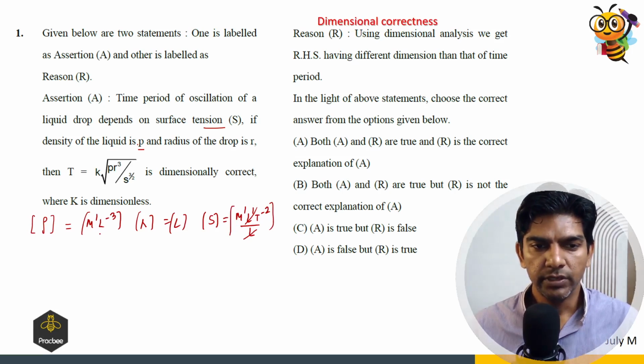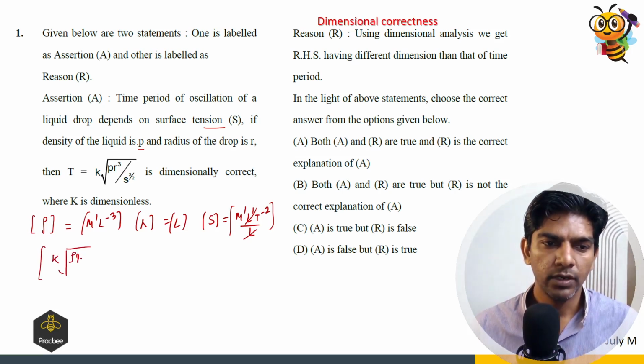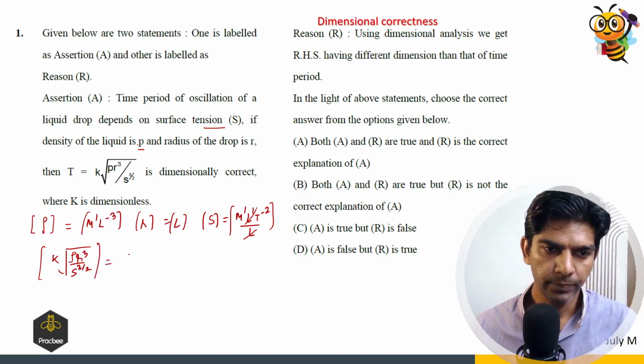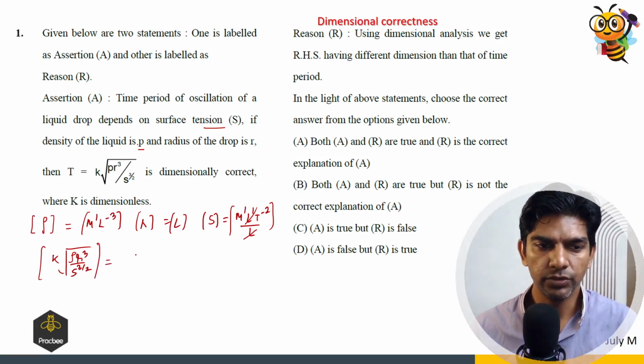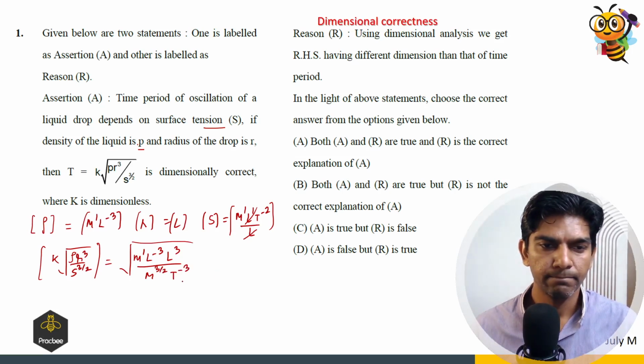Now let us substitute these values. So on the right hand side, the dimension of K root rho R cube divided by S raised to 3 by 2 will be, K is dimensionless, so we can just ignore it, root of M raised to 1, L raised to minus 3, R cube is L cube, and S raised to 3 by 2, that will be M raised to 3 by 2 and T raised to power minus 3.